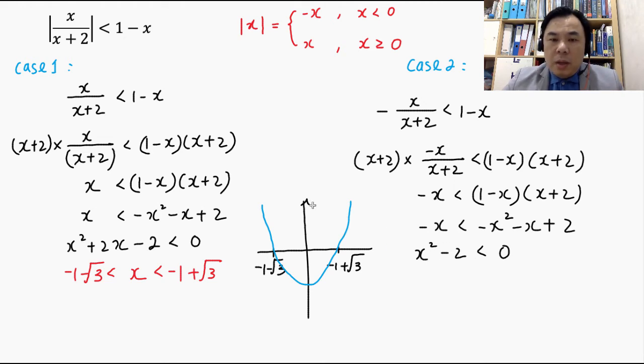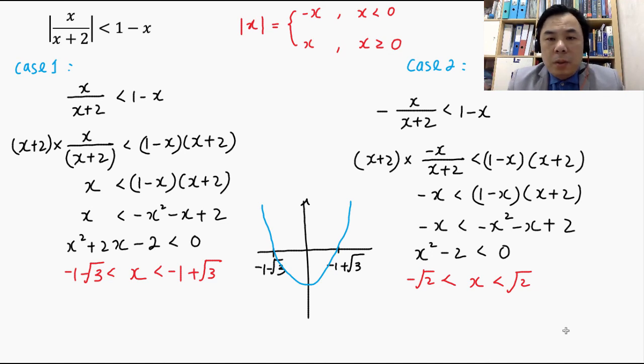If you apply the same strategy here, you will notice that the solutions to the second case lie between, I'm just going to write down the solutions here, negative root 2 and root 2. Now we have the two solutions here.